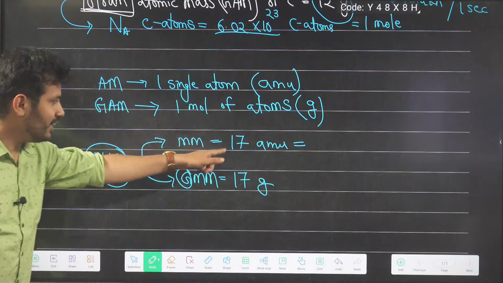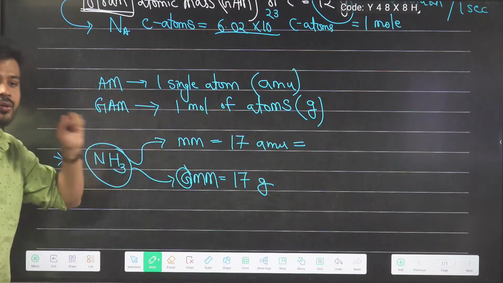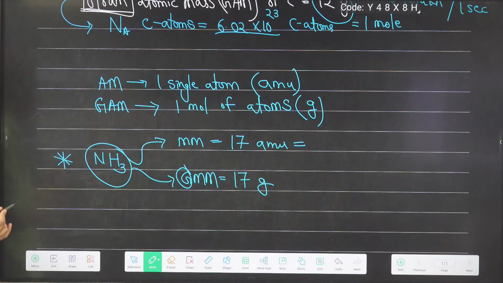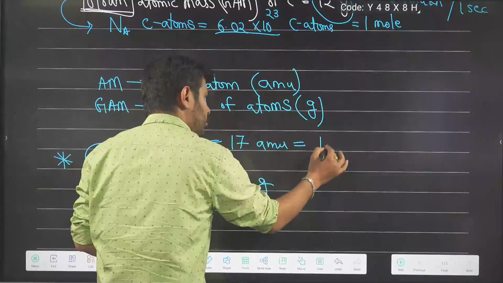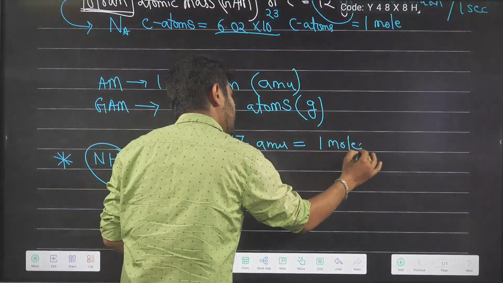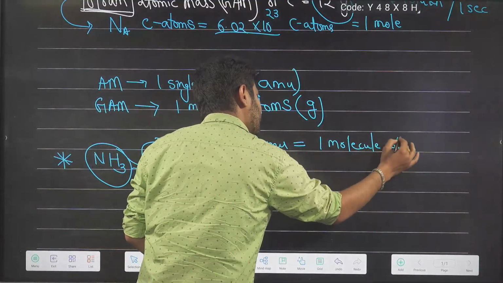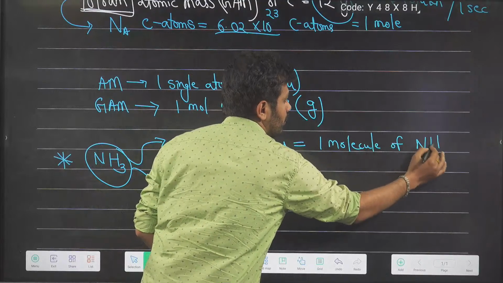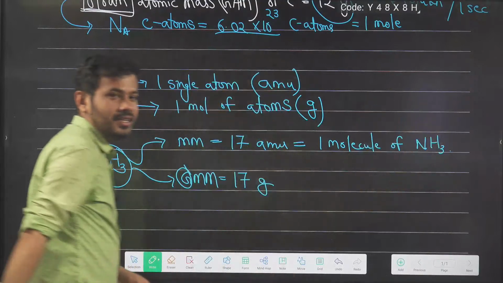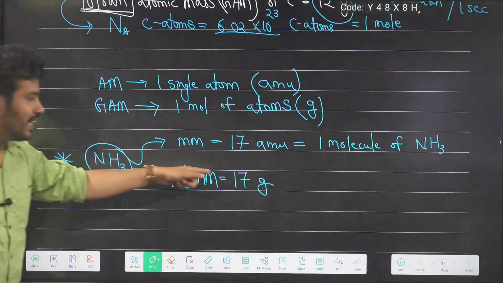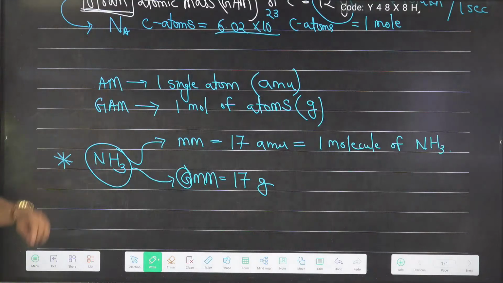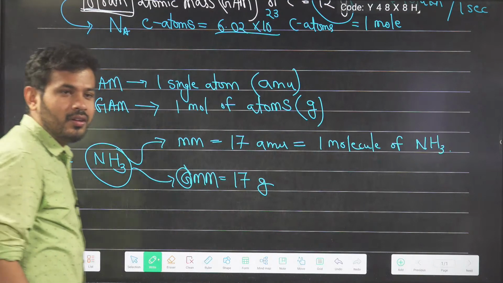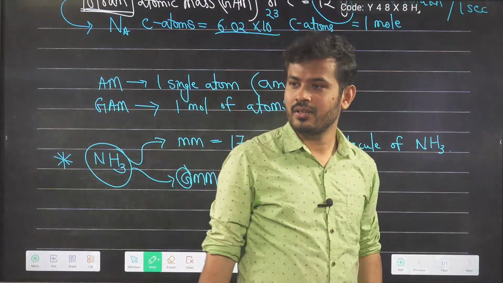If I take 17 AMU of NH3, how many molecules of NH3 will be there? 1. Yes. 17 AMU means it is one molecule of NH3. Whereas in the case of 17 gram, how many molecules of NH3 are there? 1 mole of molecules.